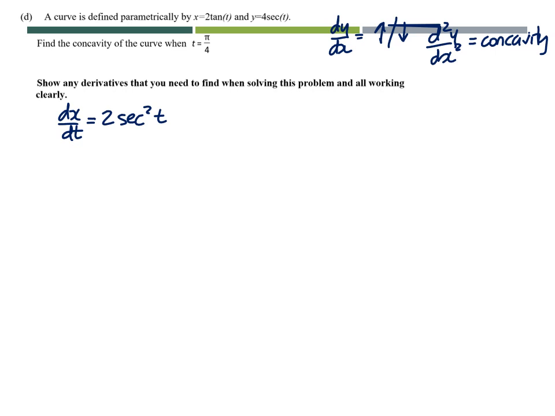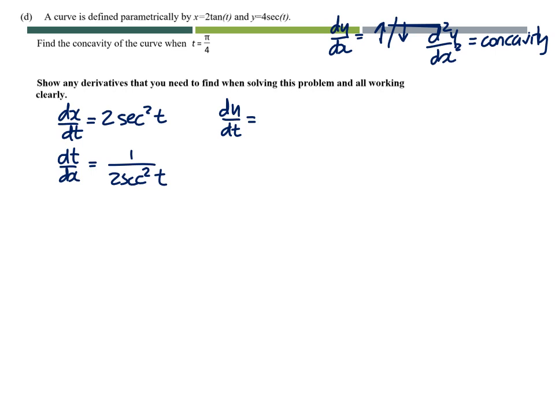Happy with that? So therefore, dt over dx is going to become 1 over 2 sec squared t. Happy? Right. dy over dt gives you an answer of 4 sec t.